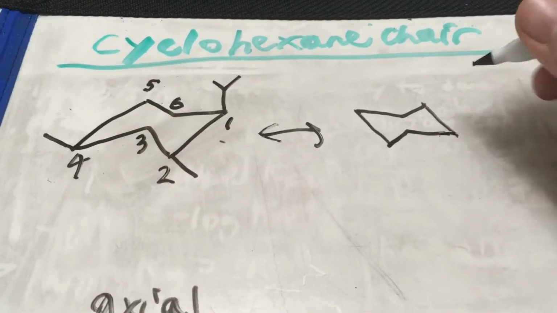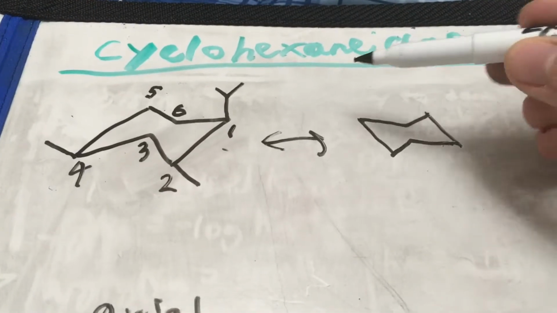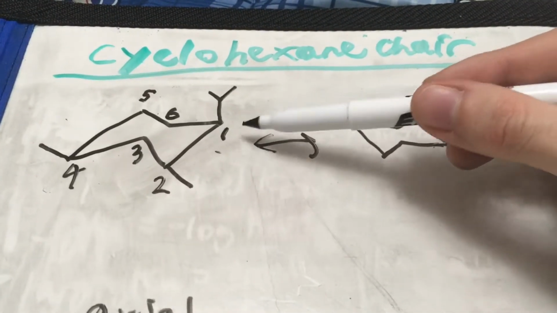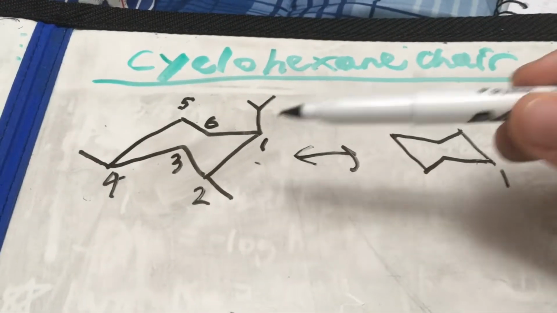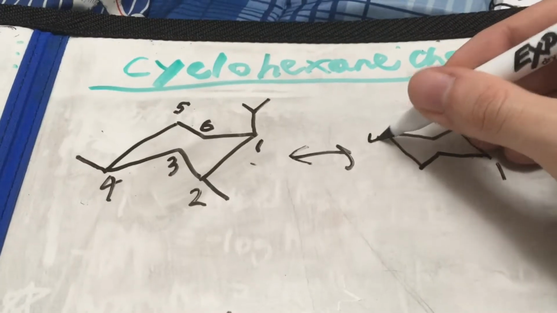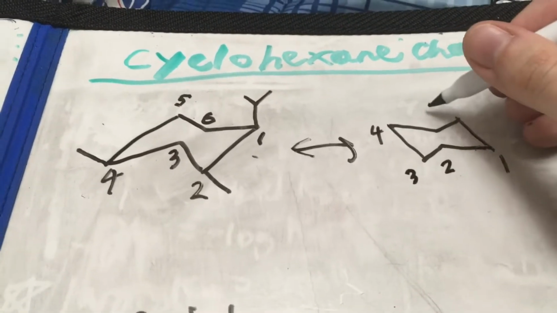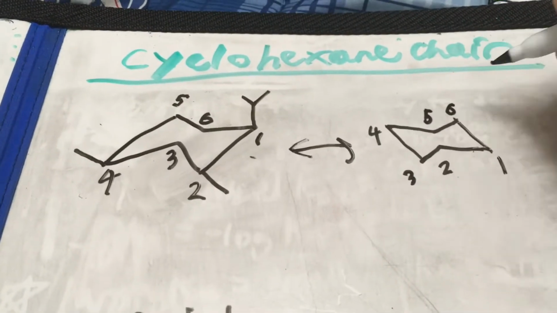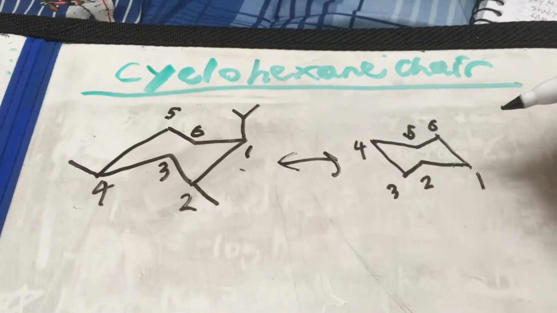Now everything shifted one clockwise. This one is down now, so it's the tip down, and the 4 switched with the 1 in a way, and it's now the tip up. So you go 2, 3, 4, 5, 6. This 5 looks like a 6. Now it looks like a 5.